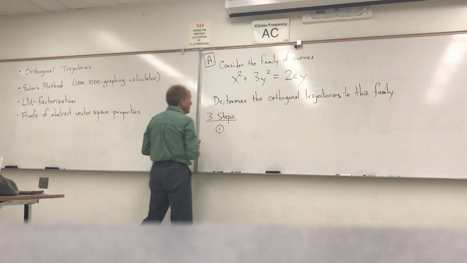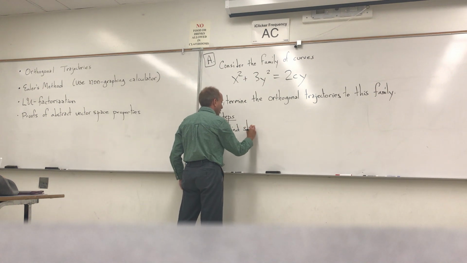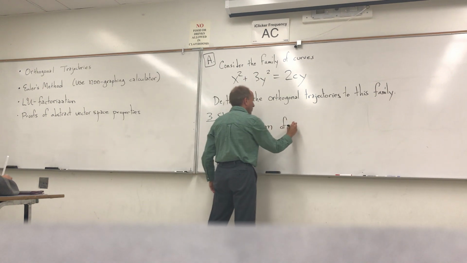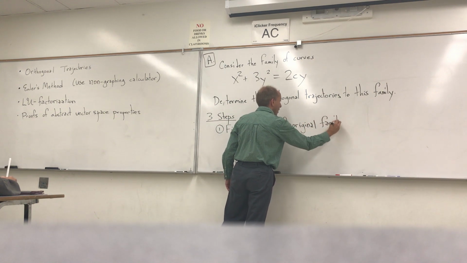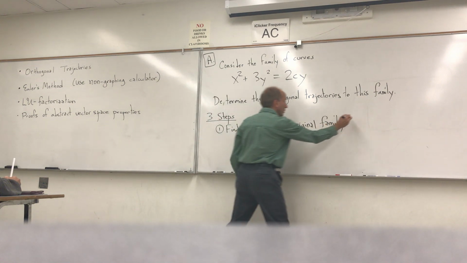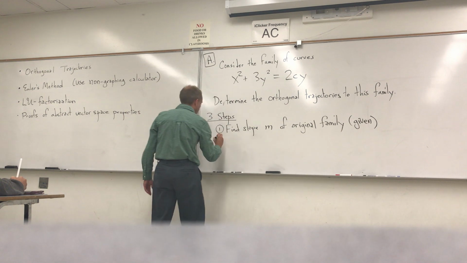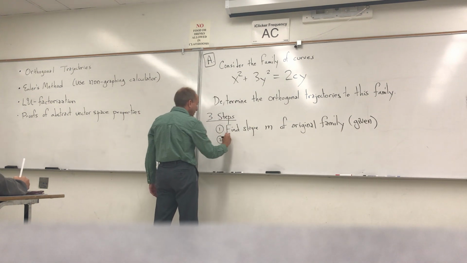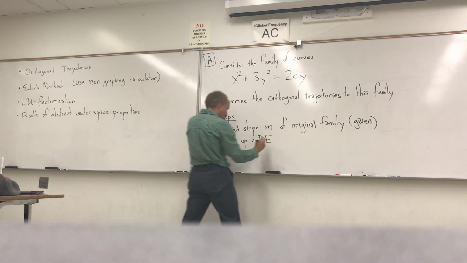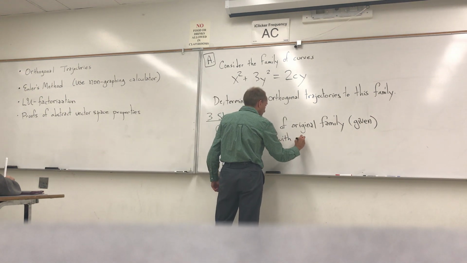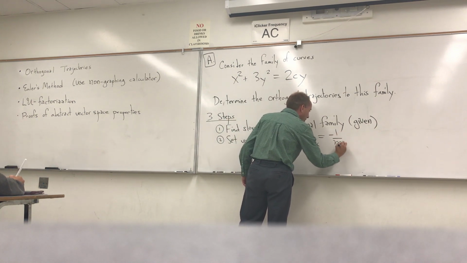The first step is find the slope m of the original family that's given, right? So that's the given family. And then the second step is to set up a DE with the slope, which is dy over dx, equals negative 1 over m.